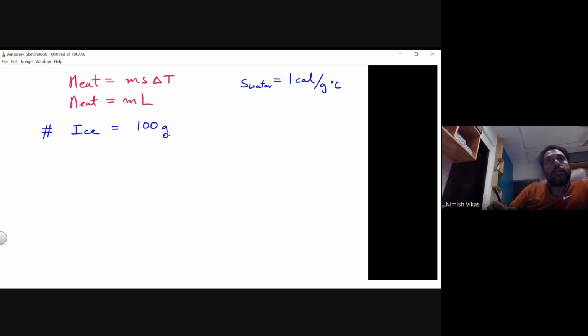So ice is 100 grams. It is at a temperature of, suppose, minus 20 degrees Celsius. Is that okay, guys? Then there is water, 5 grams, and it is at 5 degrees Celsius.